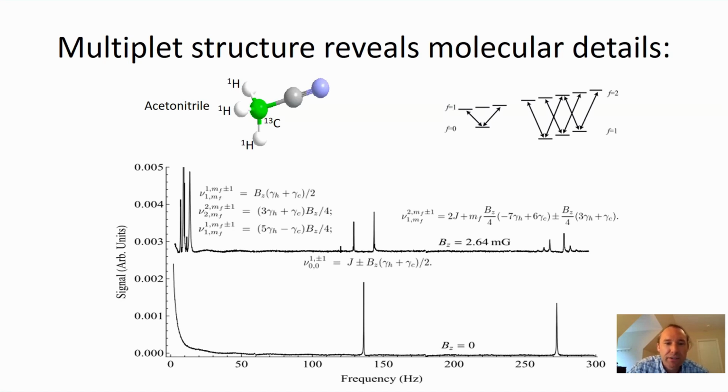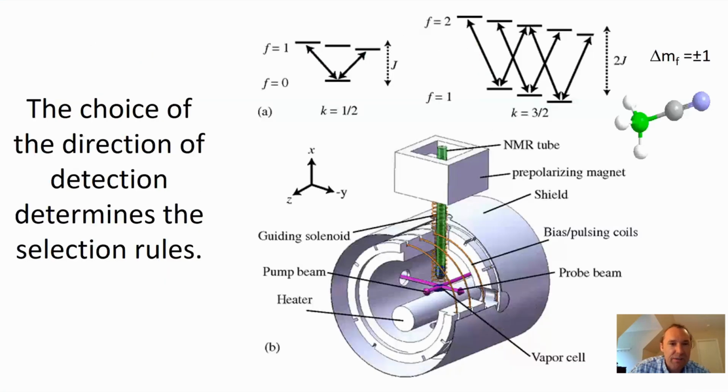That means we cannot differentiate between negative and positive frequencies. But if there was a way to implement quadrature detection and differentiate between negative and positive frequencies, then we could certainly gain even more information. So bear with me, and I'm going to show those slides in just a moment.